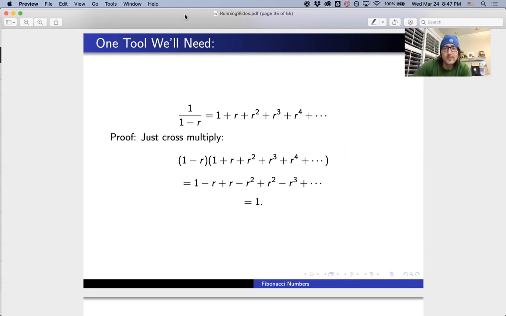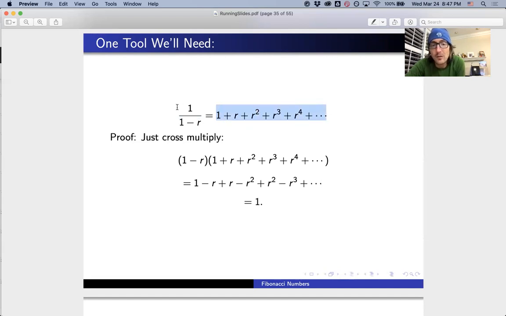It's this really cool fact that 1 over 1 minus r is the same as 1 plus r plus r squared plus r cubed plus r to the 4th, and so on. Again, there's a whole theory of convergence that we would learn in a calculus class. But for now, to convince you that this is true, let's just cross multiply. What if I just multiplied both sides by 1 minus r?